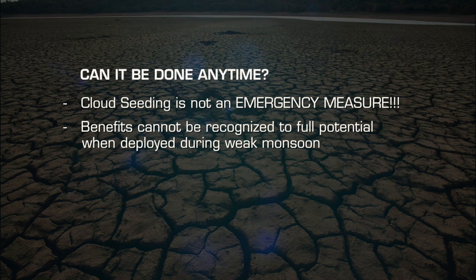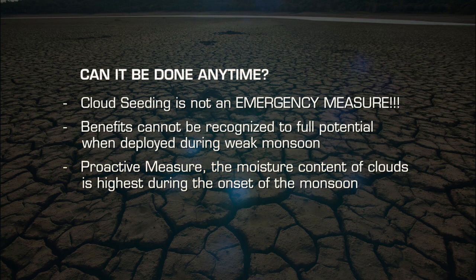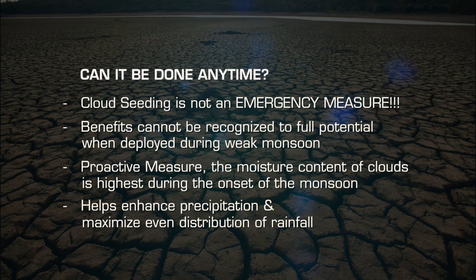Rather, it has to be viewed and taken up as a proactive measure and well-planned program from the beginning of the monsoon to take maximum advantage of rain-bearing clouds. This helps to enhance precipitation and maximize even distribution of rainfall. This type of planned approach has been successful in many developed countries and can be effective here in India as well.